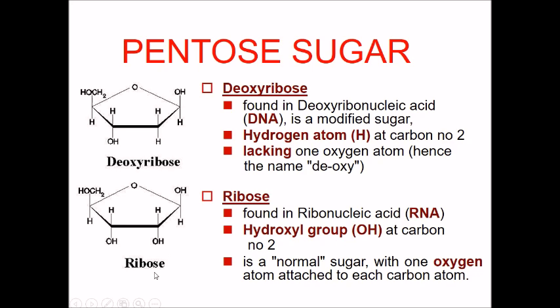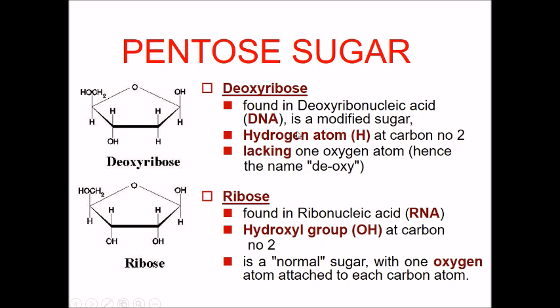Meanwhile, for ribose sugar, as you can see over here, there is an oxygen that attaches to the hydrogen atom at carbon number 2. So the deoxyribose sugar can be found in the structure of DNA. That's why the name of the DNA is deoxyribonucleic acid, due to the deoxyribose sugar.